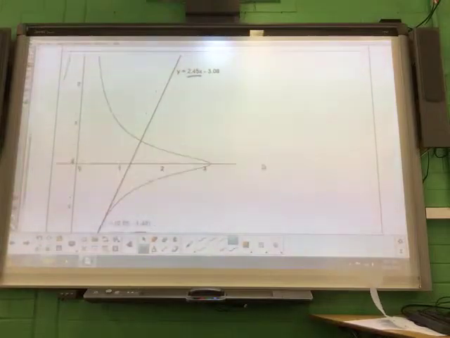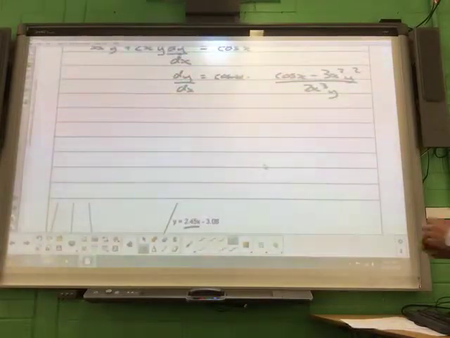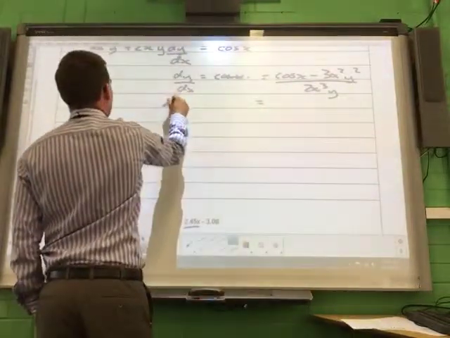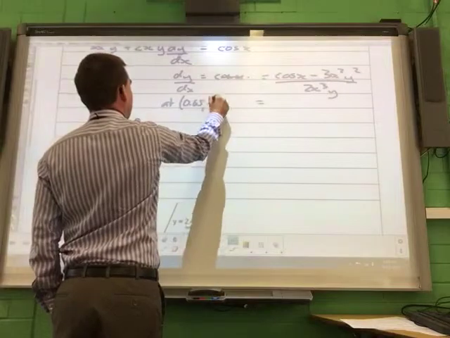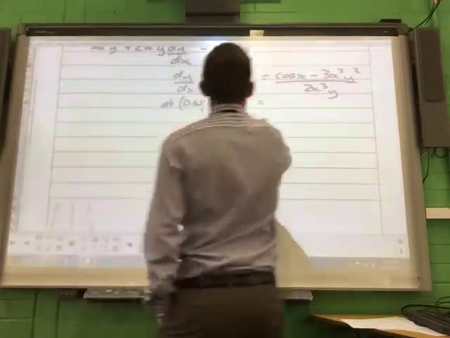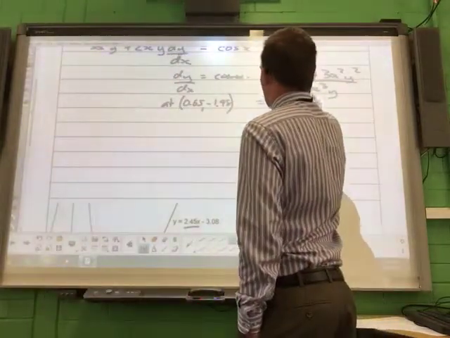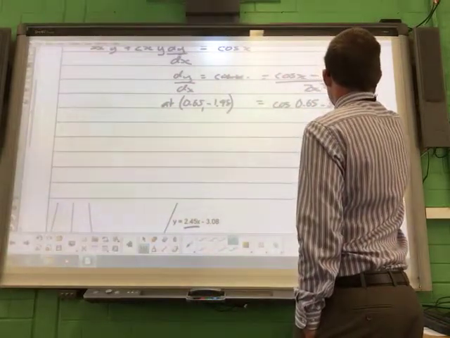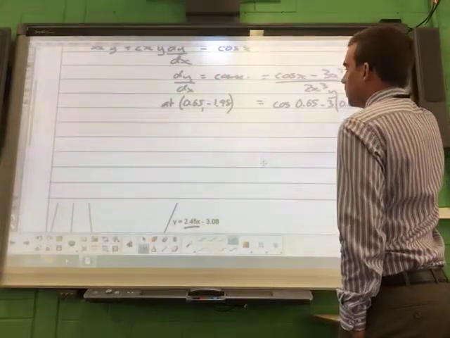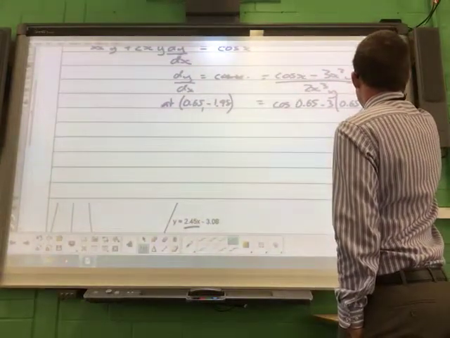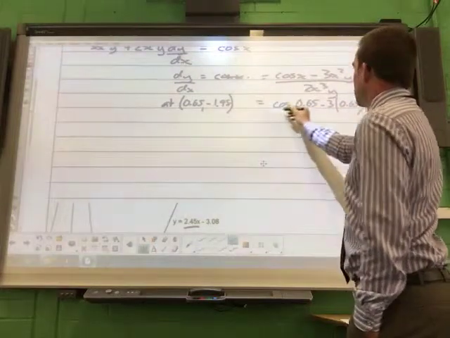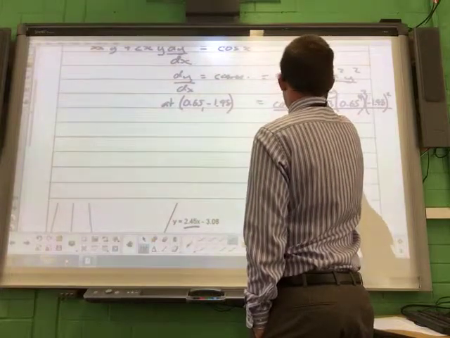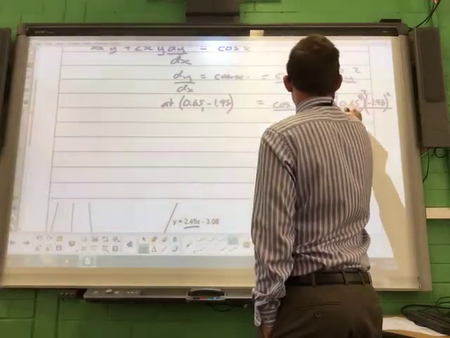So 0.65 and negative 1.48. Okay, so at 0.65, negative 1.48, dy dx is equal to cos of 0.65, take away 3 plus 0.65 squared, negative 1.48 squared, all over 2 lots of 0.65 cubed.